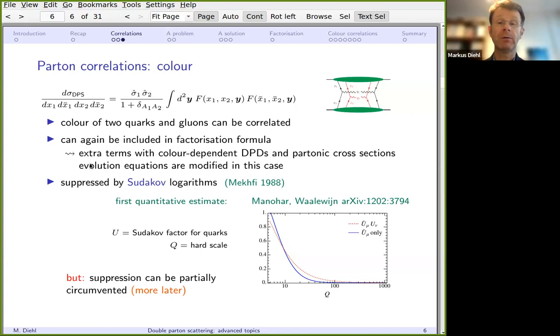Very roughly speaking, how do you expect to get such Sudakov logarithms? For those who have looked at such things, the first argument for that was done in the early days, and the observation was, well, let's see if I start decorating my tree level graph here with gluon emission. I can have a virtual gluon correction, which would be, for example, at this vertex here. That doesn't care about how the color of the other partons is coupled, because it only sees the color of the particles entering this vertex, and that's fixed and doesn't care if you put a gluon on top.